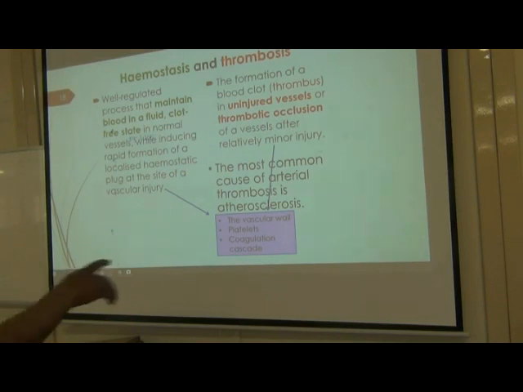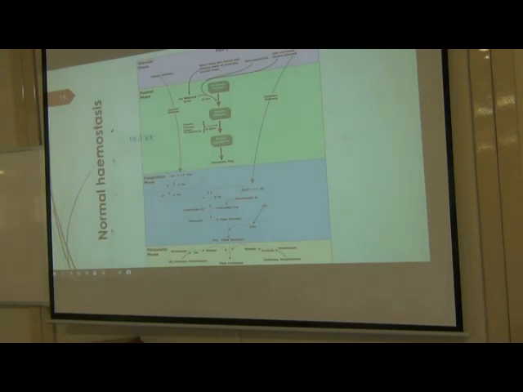So we have the vascular component, platelets, and the coagulation cascade. This you did in human biology. Am I correct? This is what normally would happen.